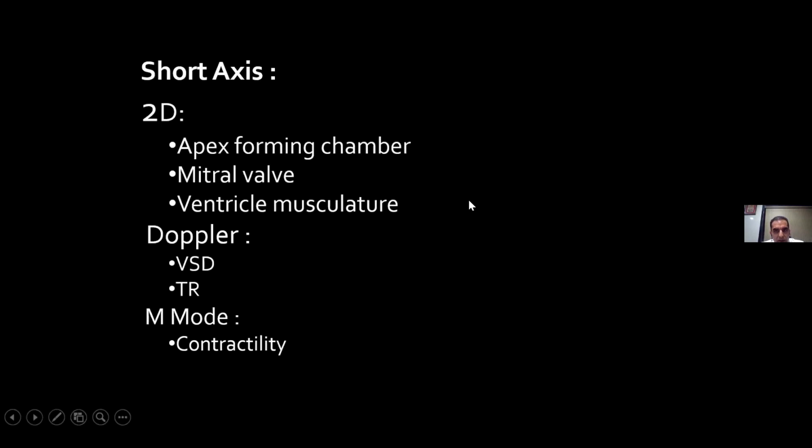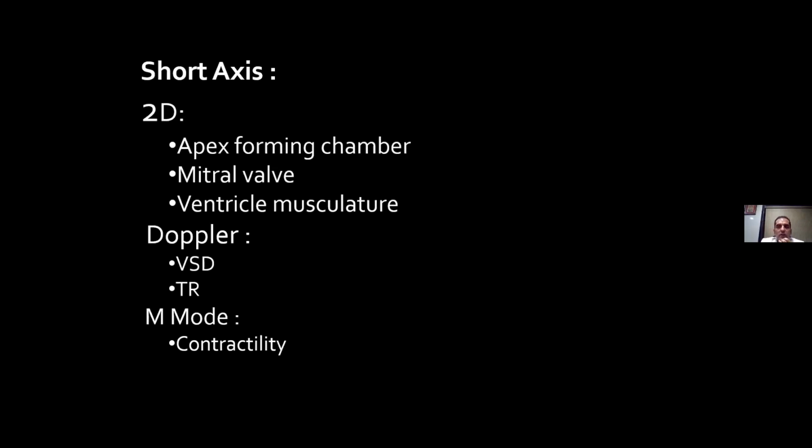Why is it important? Because we have to note that only if it is a hypoplastic left heart will your apex forming chamber be the right ventricle. Or if you have some very severe PPHN or some obstructive lesion of the right side, your RV is so big that it will overlap your left ventricle.